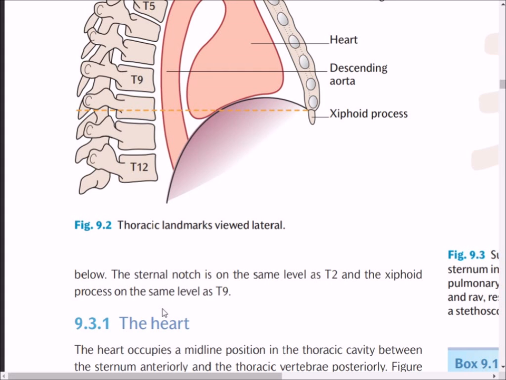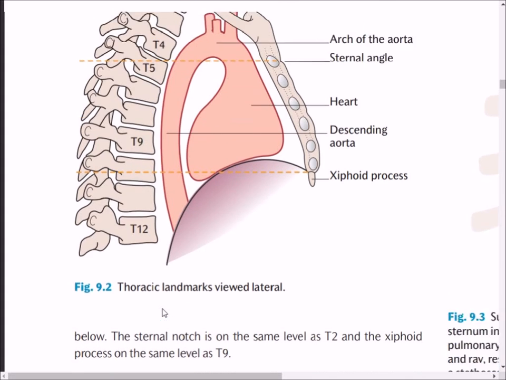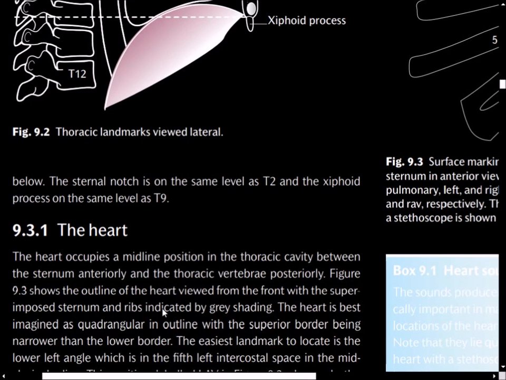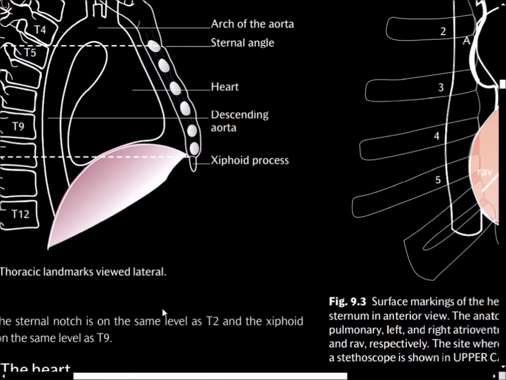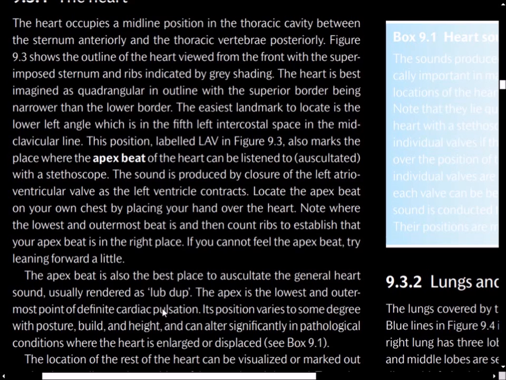Thoracic landmarks viewed laterally: the sternal notch is on the same level as T2, and the xiphoid process is at the level of T9. The heart occupies a midline position in the thoracic cavity between the sternum anteriorly and the thoracic vertebrae posteriorly.